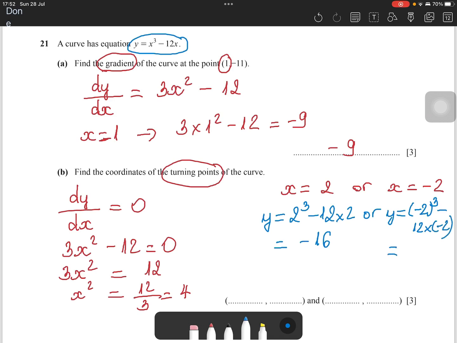Negative 2 cubed is negative 8. Negative 8 minus negative 24 means negative 8 plus 24. So it is equal to 16. So the two coordinates are 2, negative 16 or negative 2, 16. This is the end of the test.